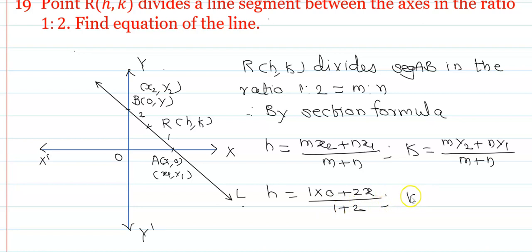Next, k is equal to m y2, where m is 1, into y2, the coordinate of y2 is y, plus n is 2 and y1 is 0, and this is divided by 1 plus 2.